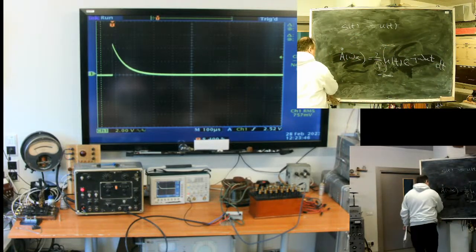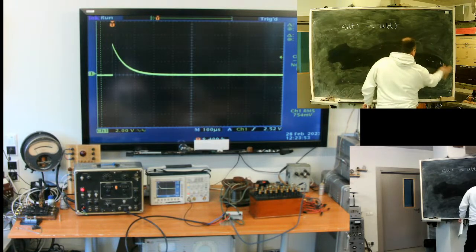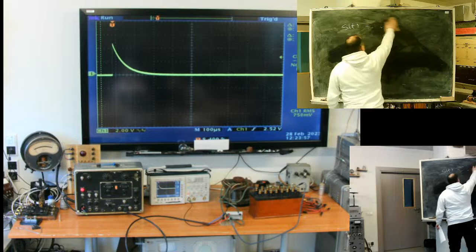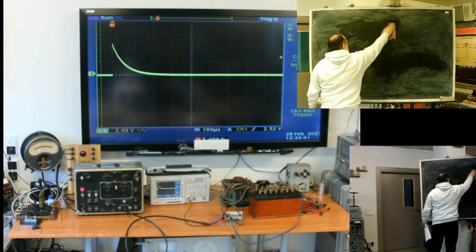So theory of signals introduces a special function. It's called spectral function. It's an abstract. Such functions do not exist in our world.